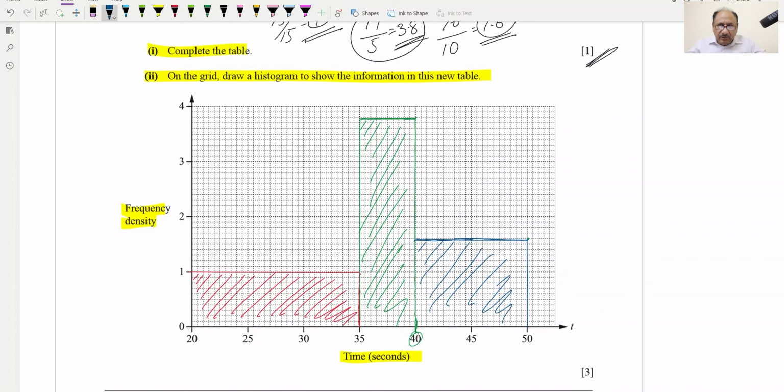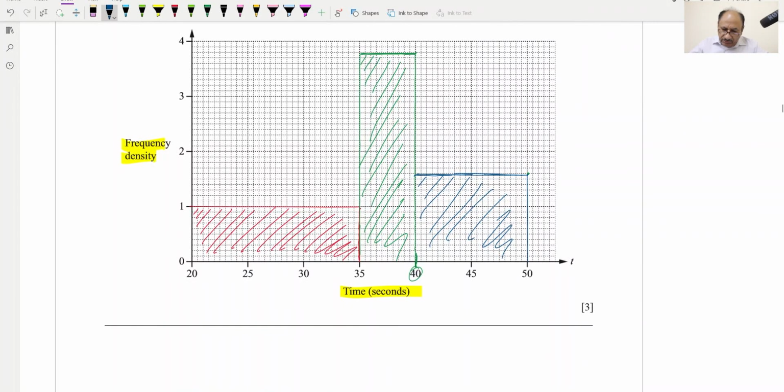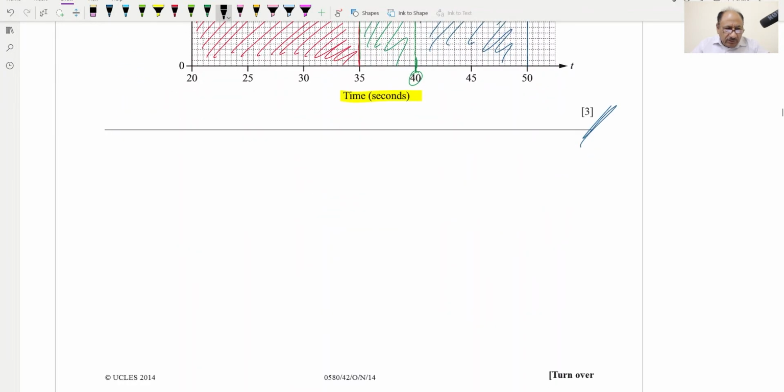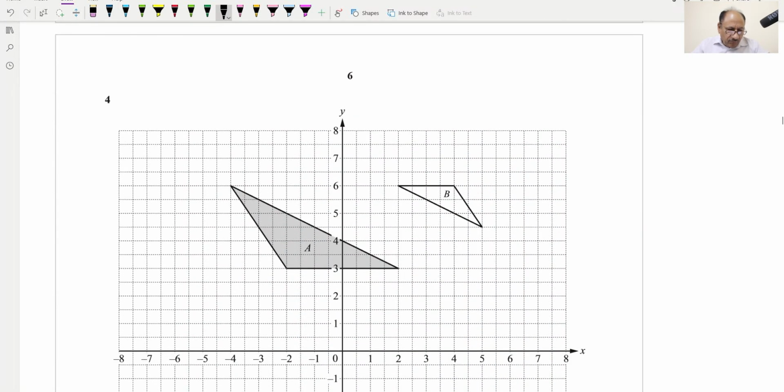Now all three bars we have drawn, and this was a 3 marks question which we are done with. Now we can move to the next question, question number 4.